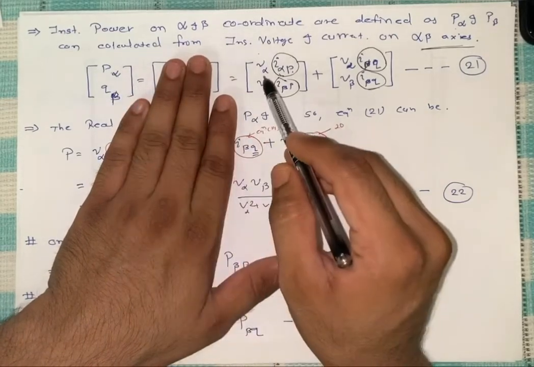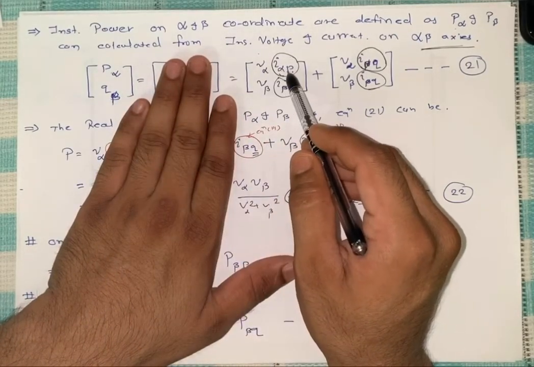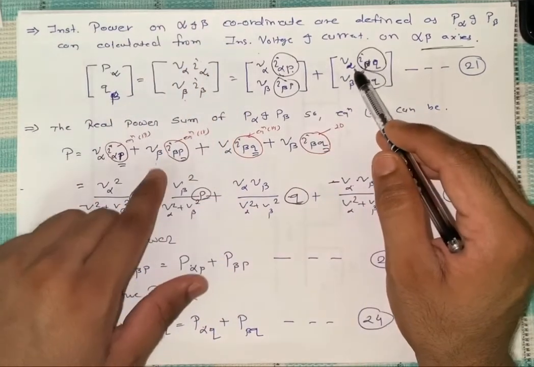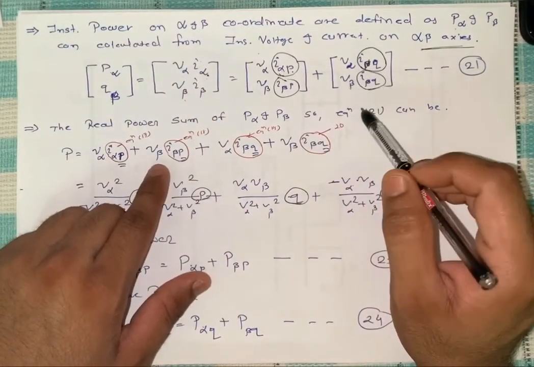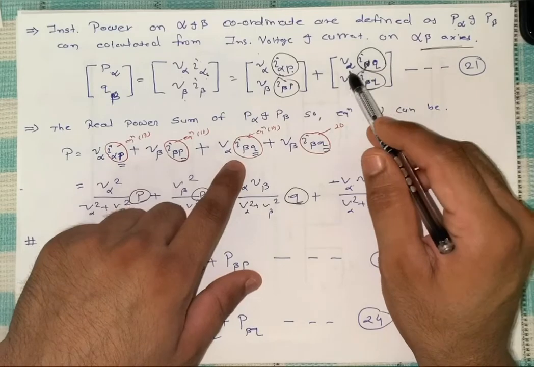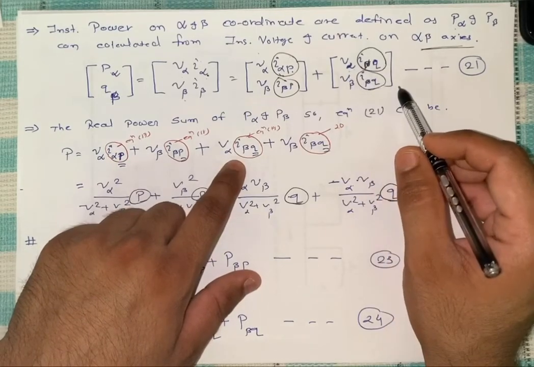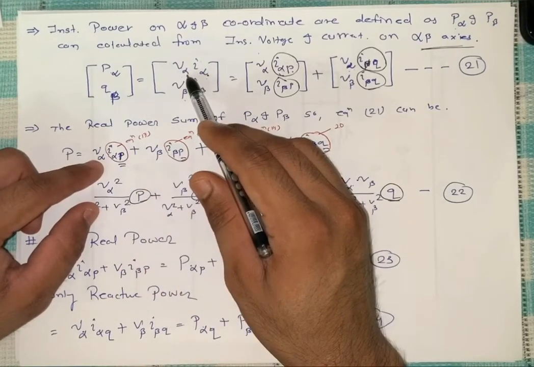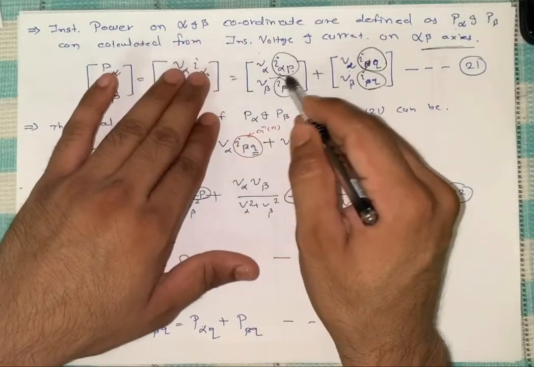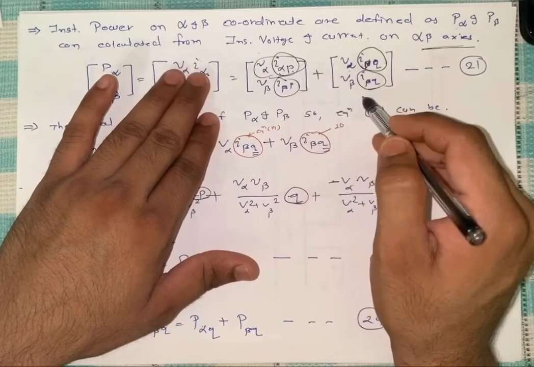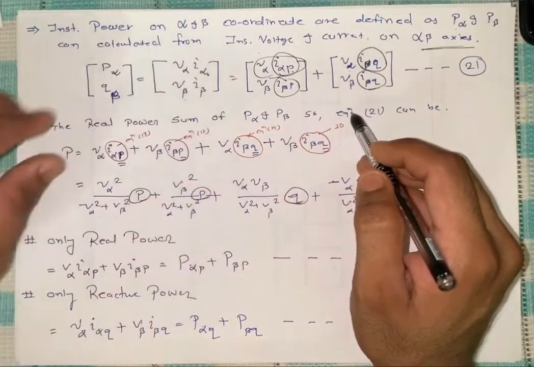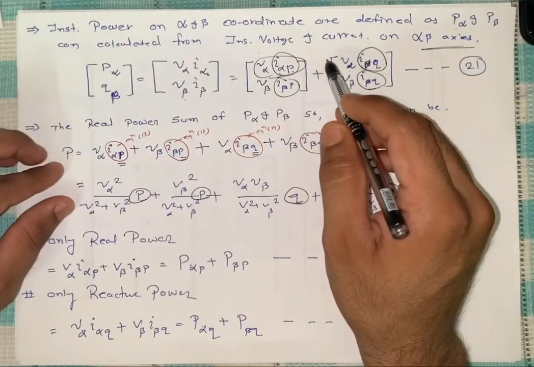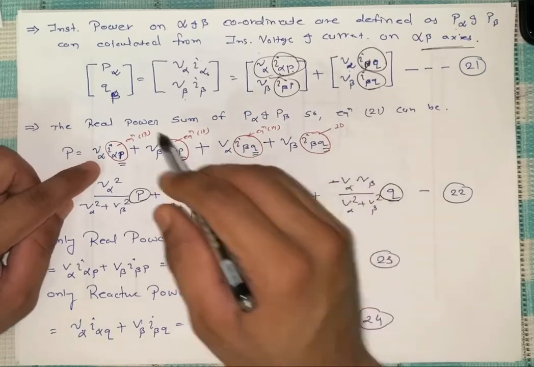Power of alpha is equal to V alpha I alpha P plus V alpha I beta Q. Here V alpha is multiplied with both, and these are the plus form, so additions of all.